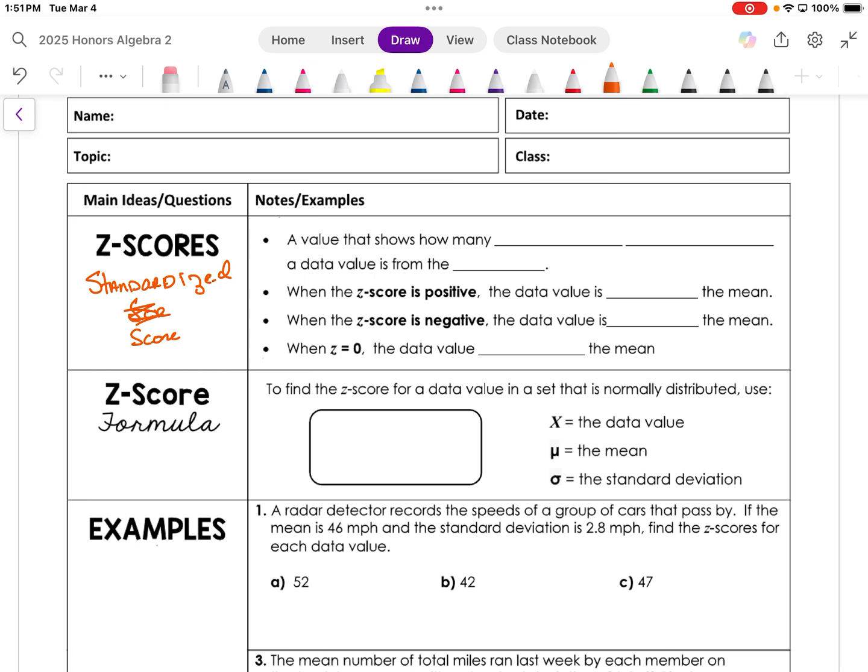Why do we standardize? My typical example of why we do this is we like to compare data. We like to compare one thing to another thing. And so, would it be fair to compare males and females, their heights?